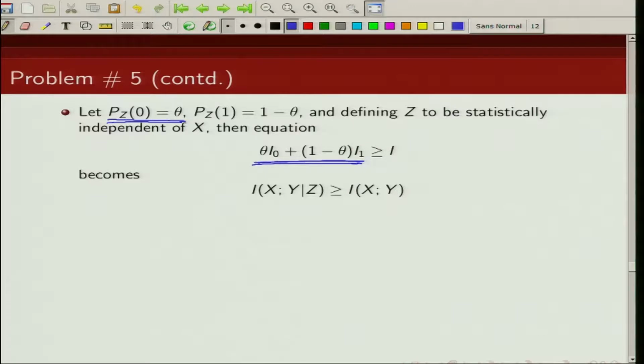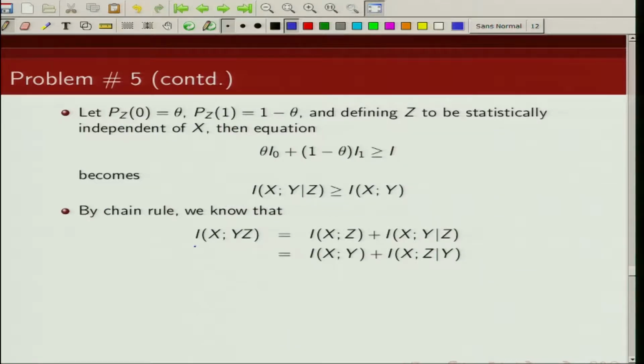So this can be written as mutual information between x and y given z. And what about this? This is nothing but mutual information between x and y. So to prove that mutual information is a convex function of p of y given x for a fixed p of x, we will have to show that this relation holds.